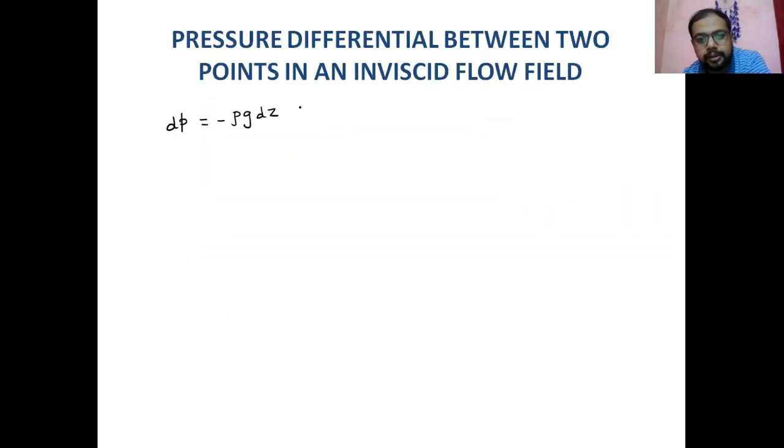Second term, plus rho del v del t dl. And third term, minus half rho d of v square.